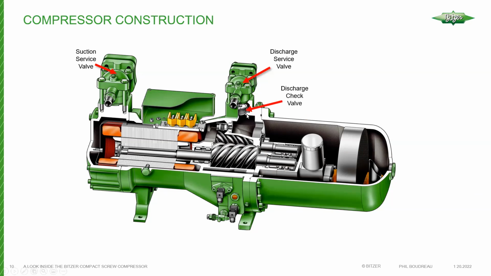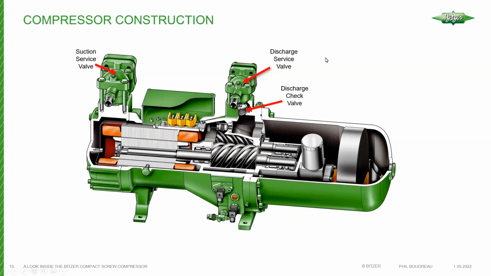Because screw compressors do not have active working valves inside, a discharge check valve is required. So this is because when the compressor shuts down, you have a high side pressure that exists here and a suction pressure on this end. And if we were to just have this through piped, no check valve, we've got the high side pressure after the compressor and everything upstream of the compressor in the suction line.